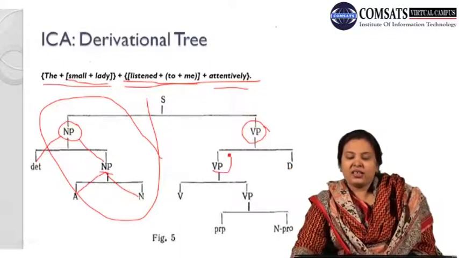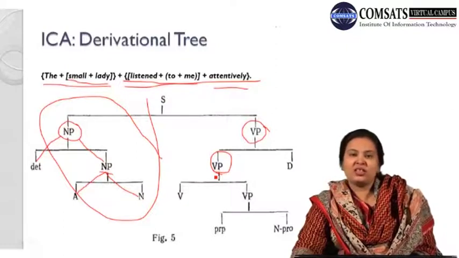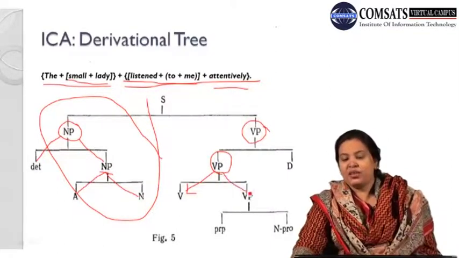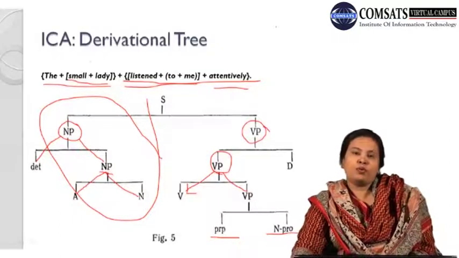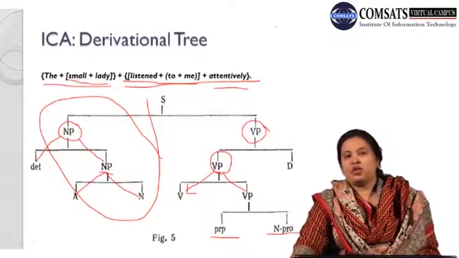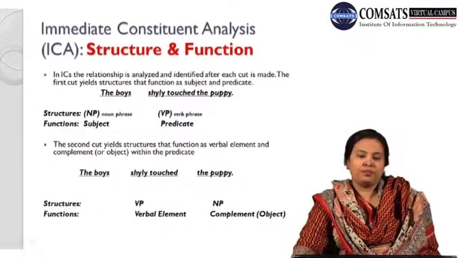And inside that verb phrase, listen to me, listen is a verb, but to me is again a phrase, a preposition and a noun part. So this way, with the help of immediate constituent analysis, we can divide sentences into their immediate constituents.